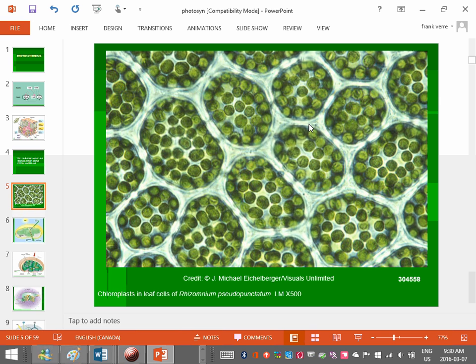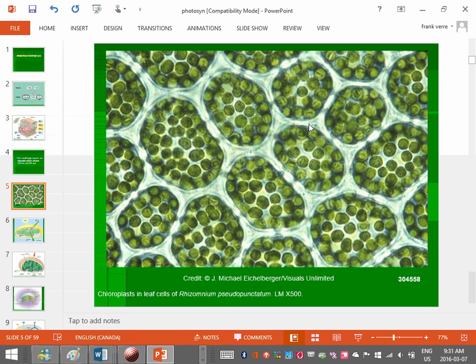Now, what do you think this organelle would compare to in regards to respiration? You know how in respiration we focused on an organelle? What was it? It was the mitochondria. So this is the counterpart. The chloroplast is the counterpart to the mitochondria.